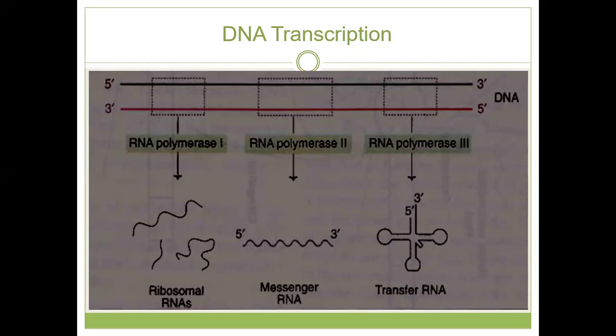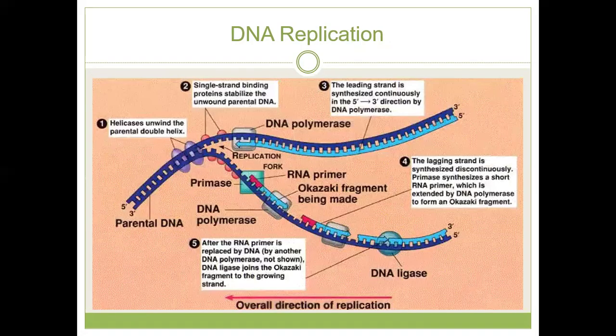Just as we explained the replication, this is exactly what happens. You have the DNA open, and instead of the DNA polymerase, the RNA polymerase will come and bind. So the RNA polymerase will bind and synthesize the RNA instead of DNA.